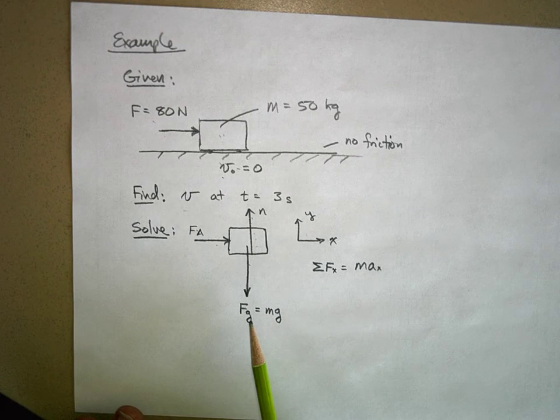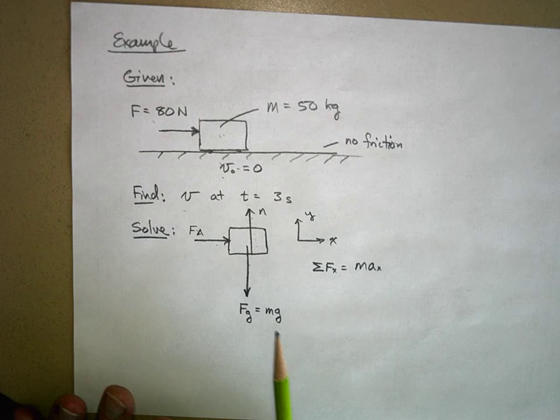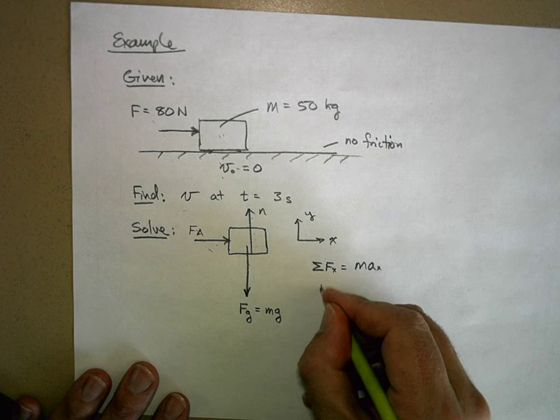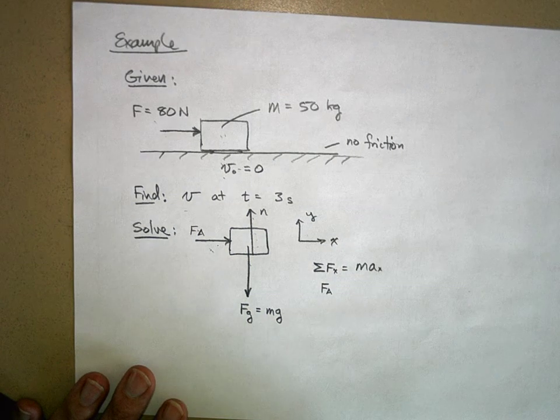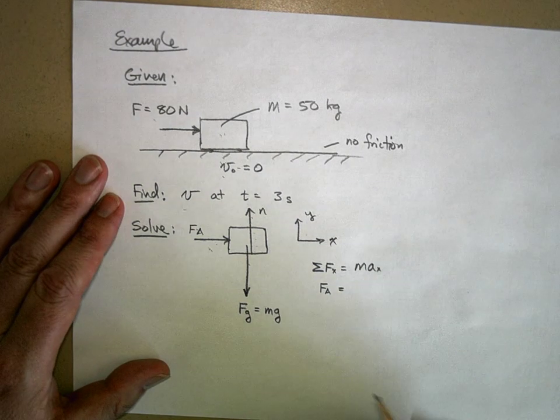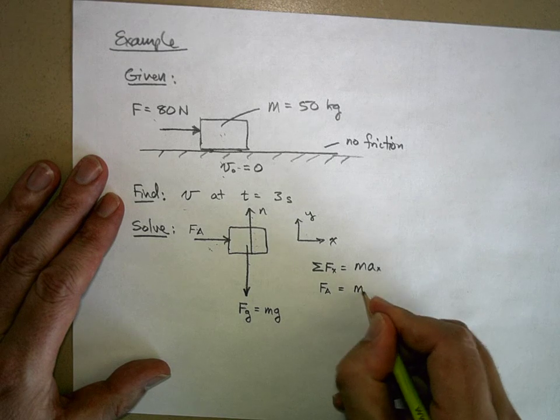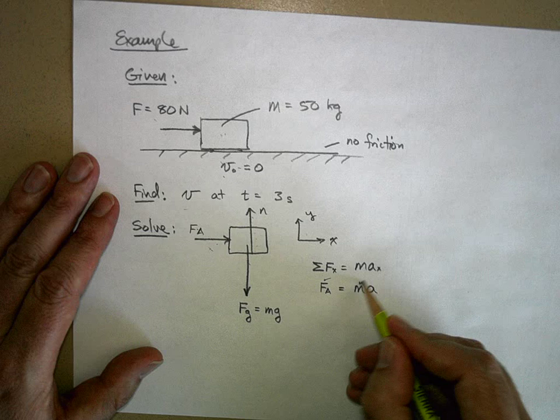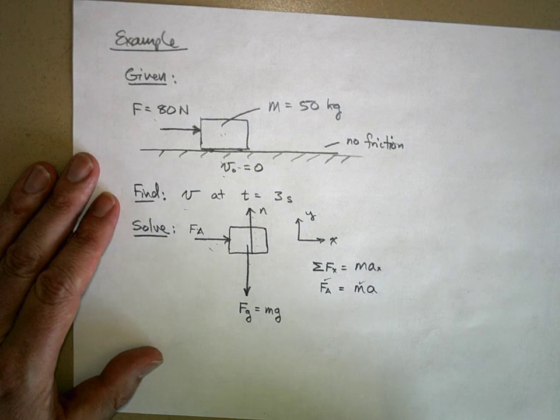Do you see that? So this is a pretty easy problem. There's only this force right here. So we have Fa, and that's it, equals ma. Now, we know what this is, and we know what this is.